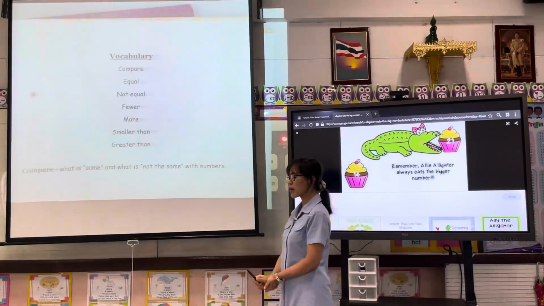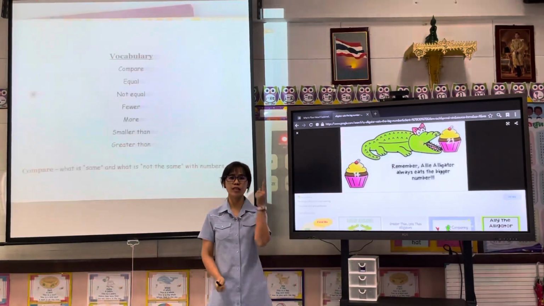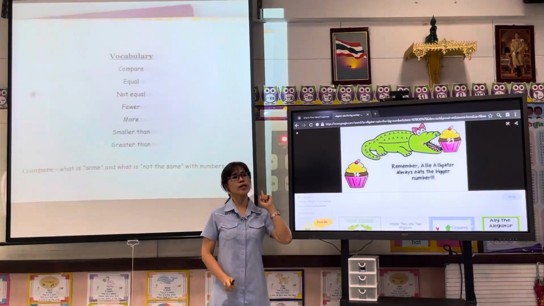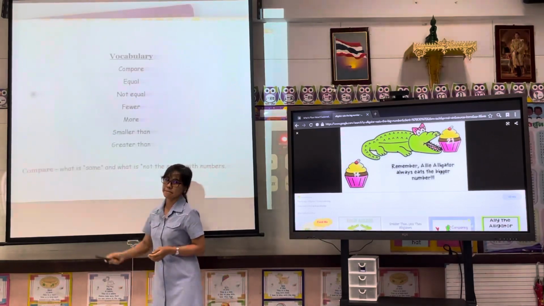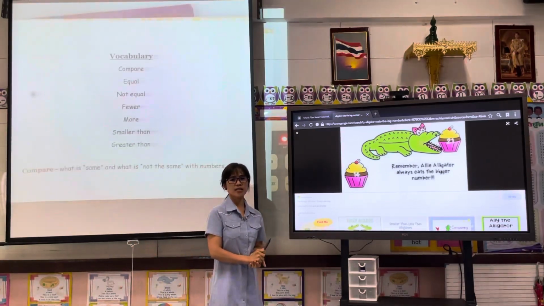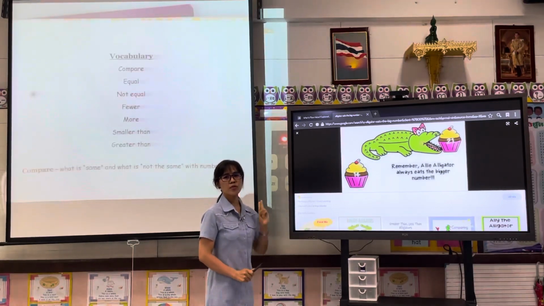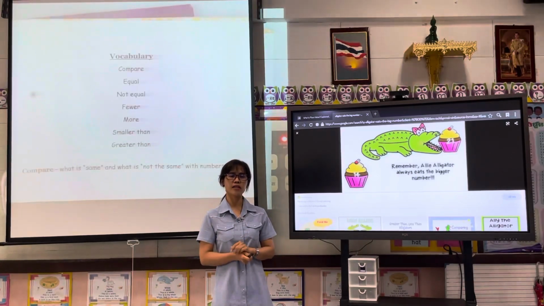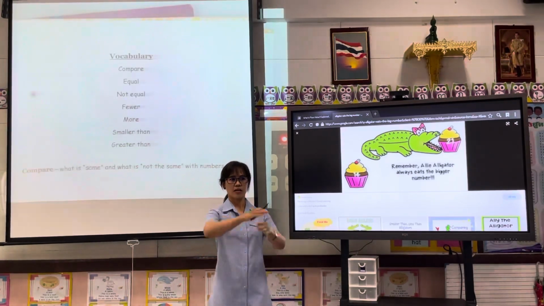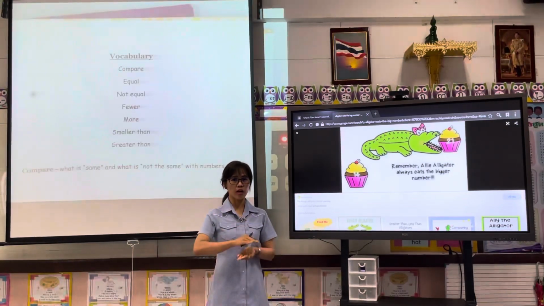Okay, how do we compare numbers? So when we compare numbers, we always look at what is same and what is not the same, because two numbers sometimes can be, the one is either bigger and the other one is smaller.